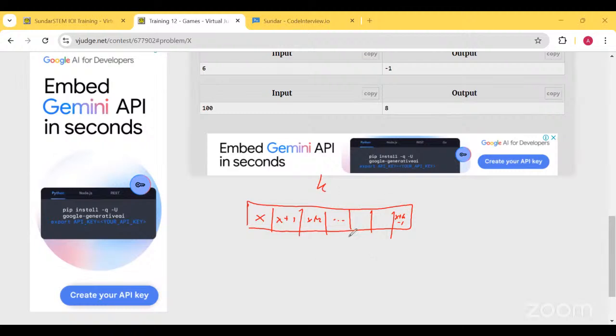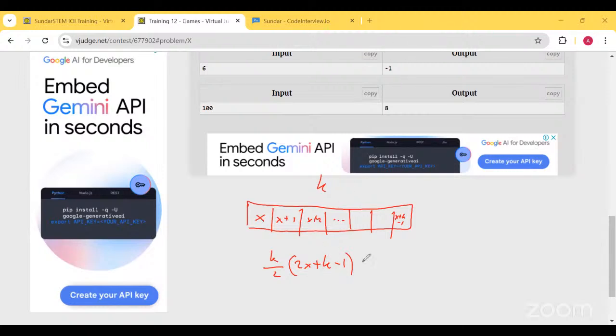What is the sum of all of them? The formula for the sum is k divided by 2 times (2x plus k minus 1). Yes, it's correct.